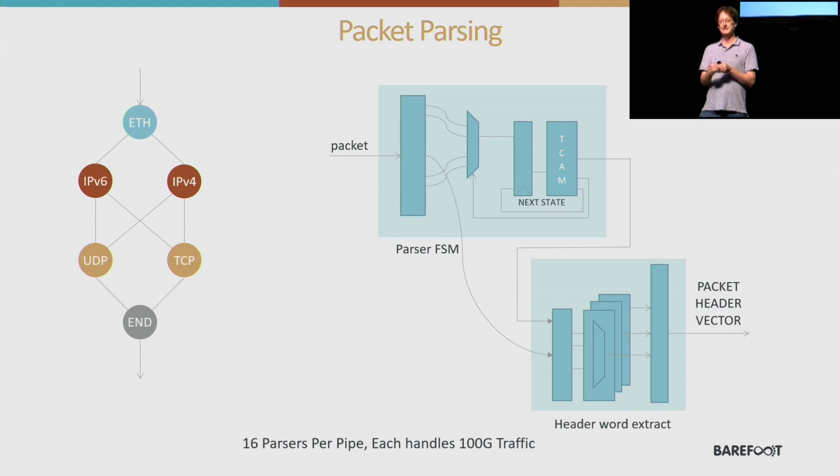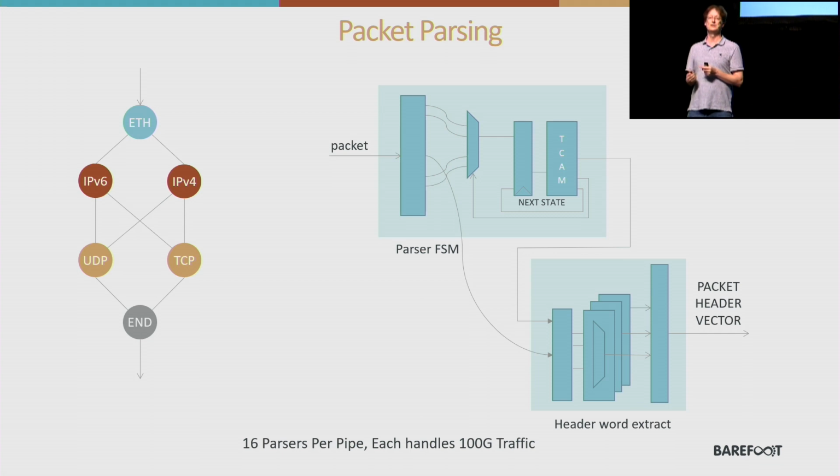And it produces the next state, the next set of fields to match on, and commands to extract words from this individual header into a structure which we call a packet header vector. And this is actually just a set of registers, thousands of bits wide. At the end of parsing, this is populated with all of the headers in positions that have meaning to the compiler, but no meaning to the hardware.